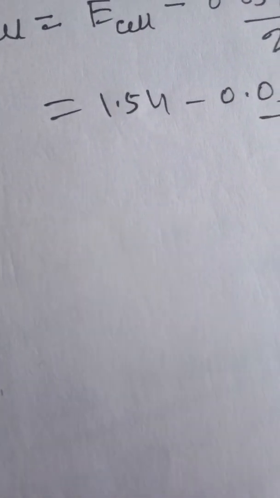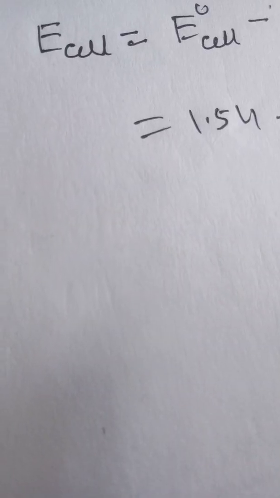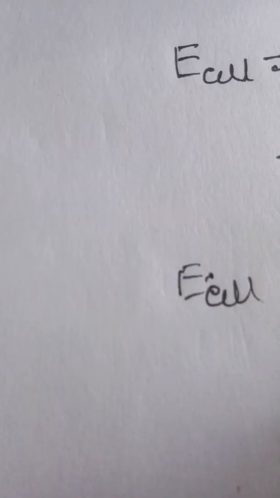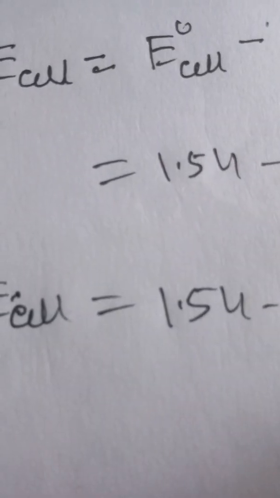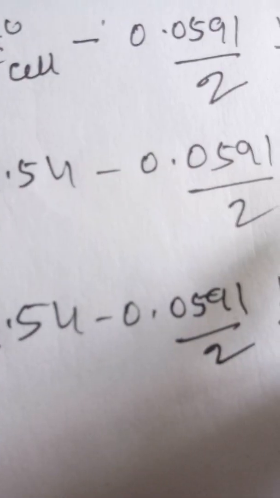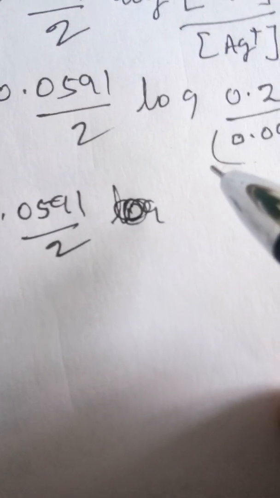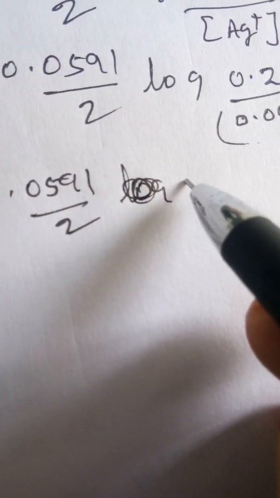This is the EMF of the cell. Now solve it. After solving, EMF of the cell is equal to 1.54 minus 0.0591 upon 2 log, and if you solve this, you will get 4.699.